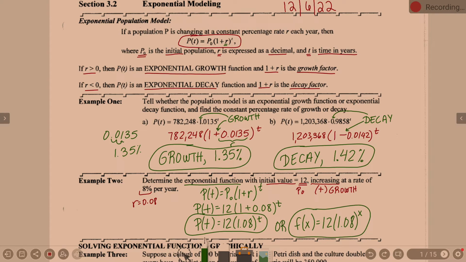I don't have much of a care which way you do this. There's nothing specifying what variables we use, but I want you to be familiar both ways. If it says population, that's usually done in terms of t. If it doesn't, whatever makes you happy. And you'll see it both ways in homework, depending on what you're talking about.